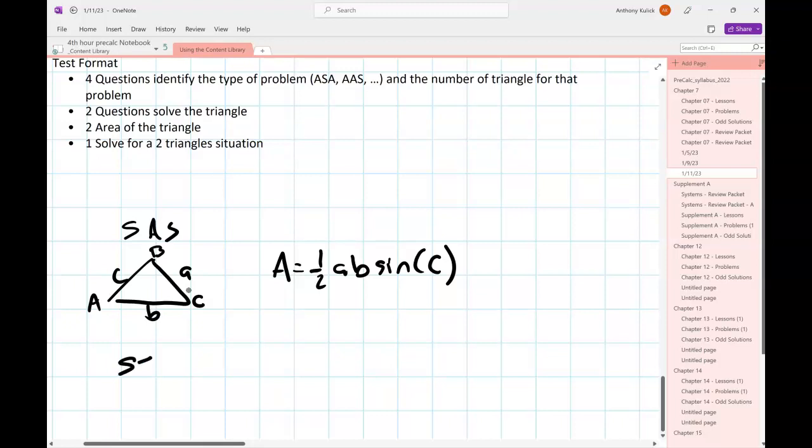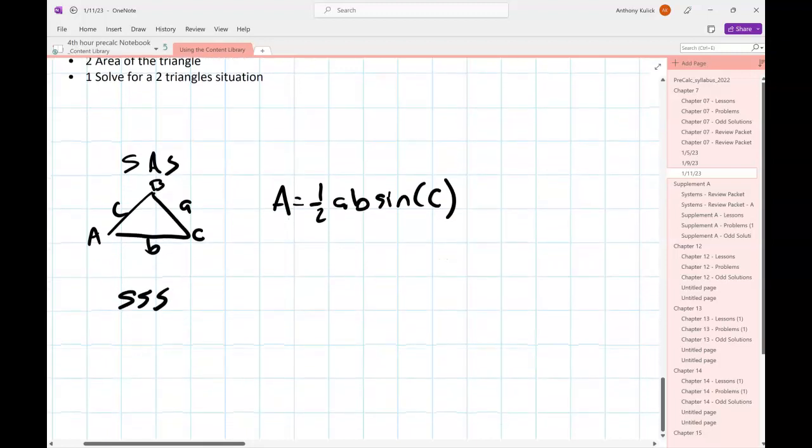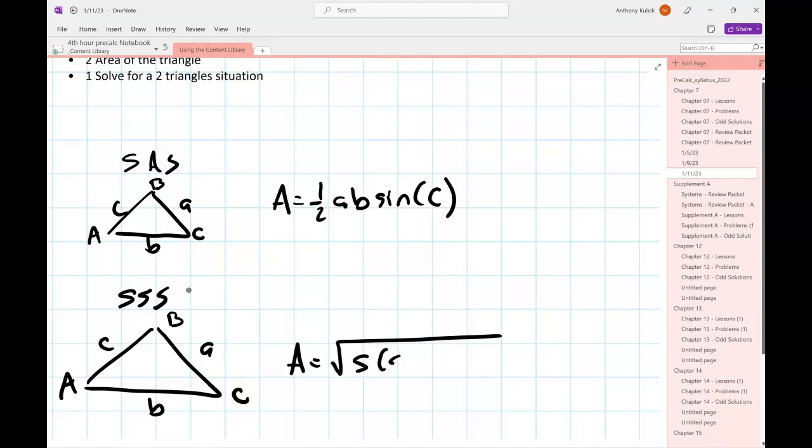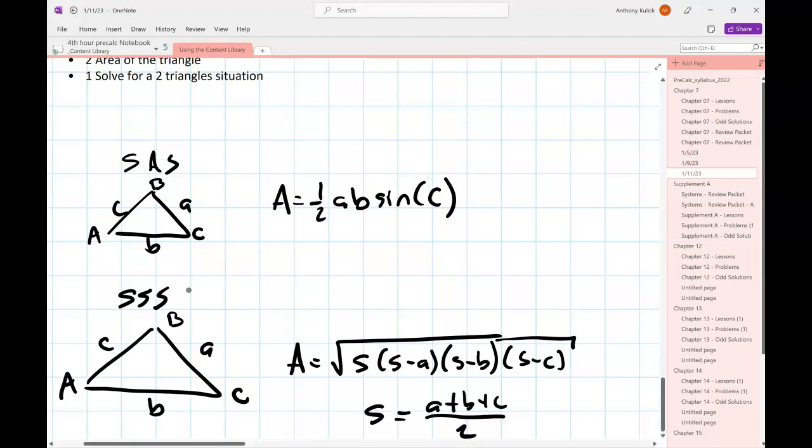And then you have the side formula, or again, for some triangle ABC, we can say this, where S is half of the perimeter. That's it. You just plug in the formula.